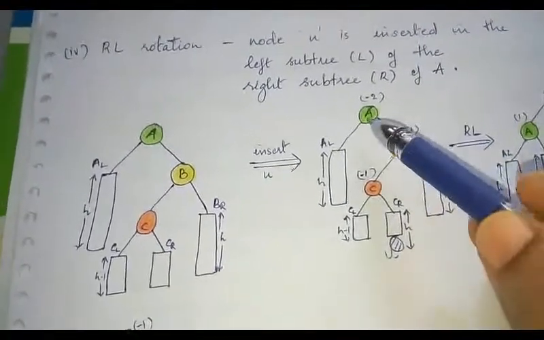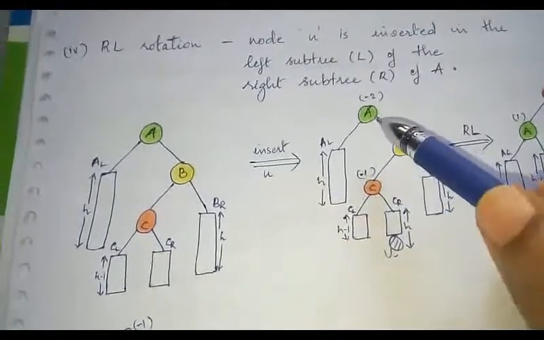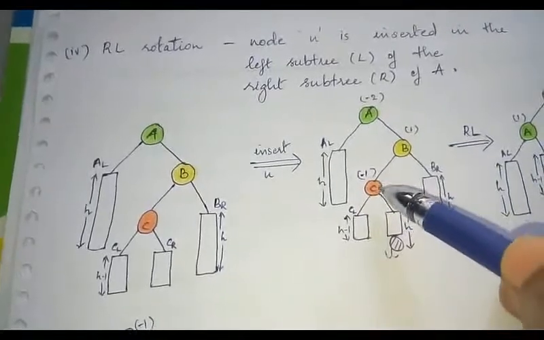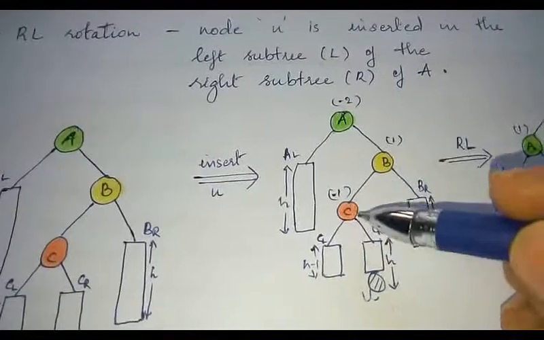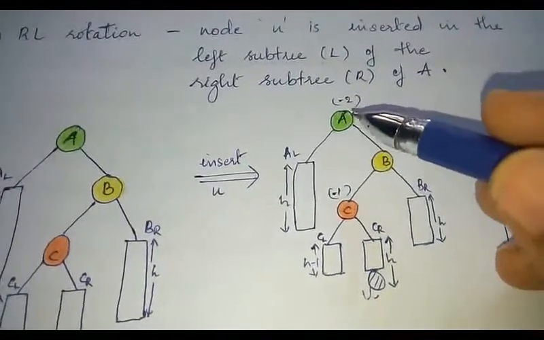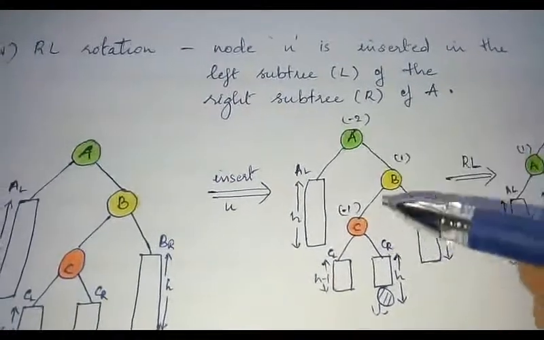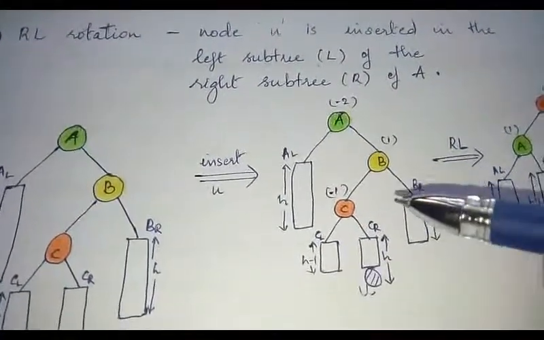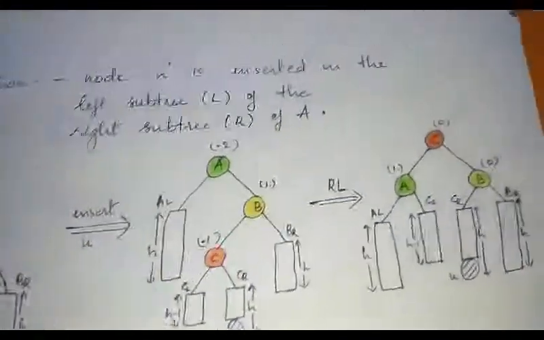Now in the case of A, the left of A is at height H and on the right side we take the longest path, so 1 plus H, that is H plus 2. Now the balancing factor of A is H minus of H plus 2, which is minus 2. Now the tree has become unbalanced, so we have to perform RL rotation to make it balanced.